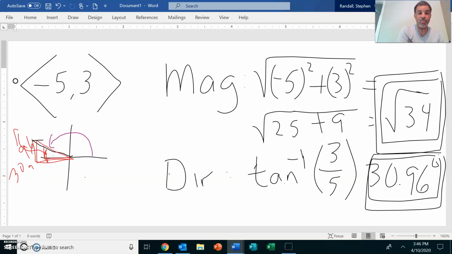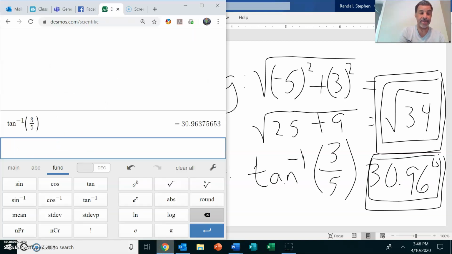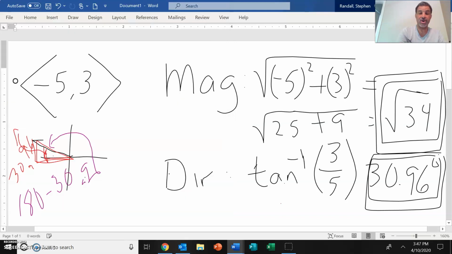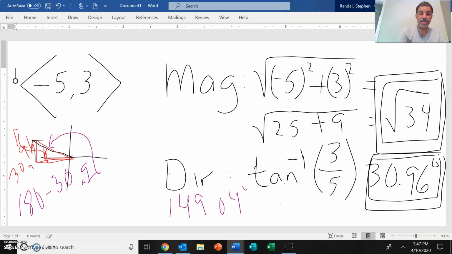Well, that would be 180 minus 30.96, because that's the reference angle. And I'm not going to try to do that in my head. I'm going to go 180 minus 30.96, and I'm going to get 149.04 degrees. So the direction is 149.04 degrees.